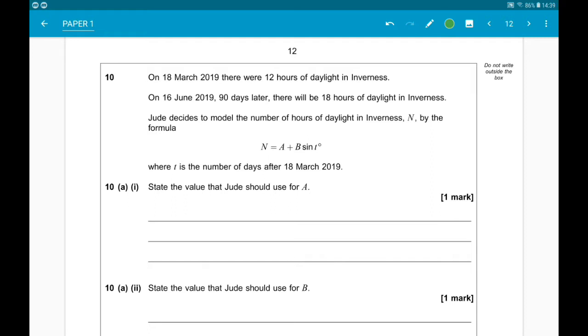Part A, Part 1, state the value of A. Okay, so n will equal A when the sine term is 0. Sine of 0 is 0, so A is the initial value, so it's 12.